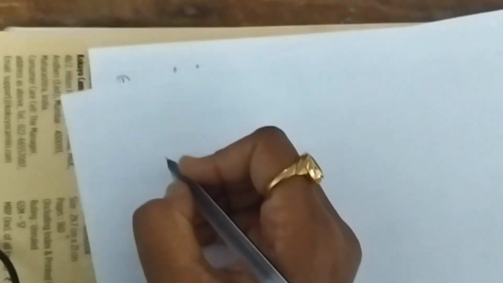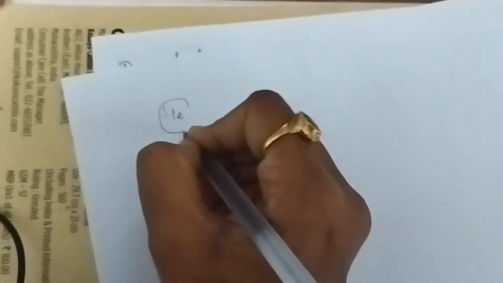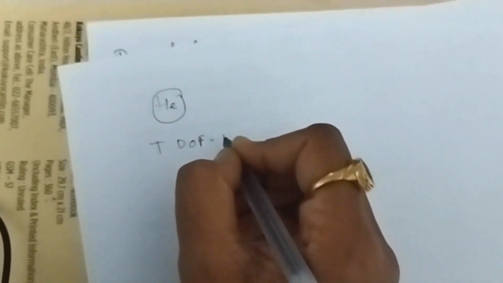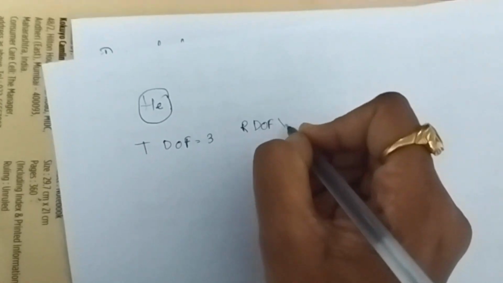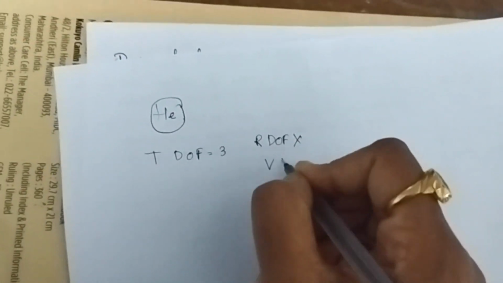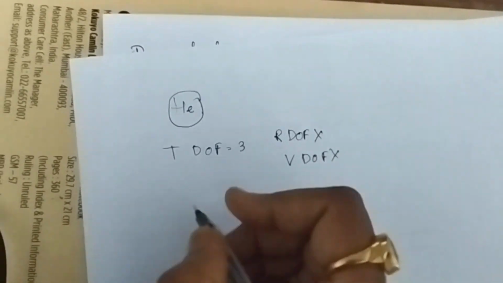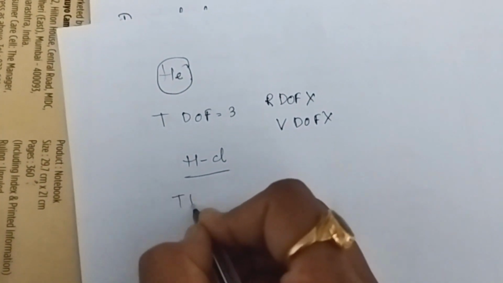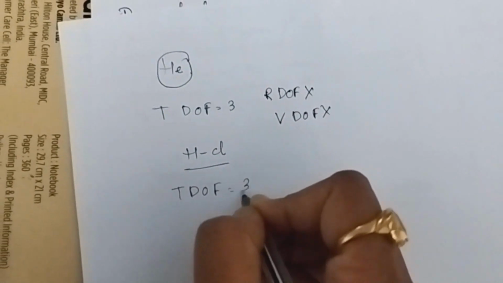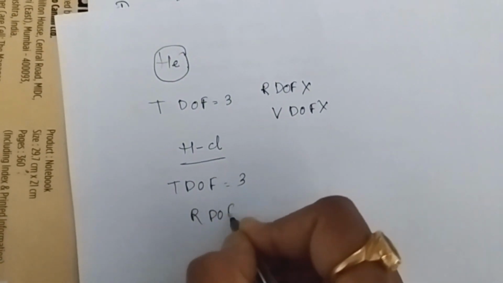Let's do some problems. If I take helium, helium is an atom and an atom possesses only translational degree of freedom, and that is equal to 3. Atom does not possess rotational or vibrational degree of freedom. If I consider HCl, HCl is a linear molecule. Translational degree of freedom is equal to 3. Rotational degree of freedom is equal to 2.